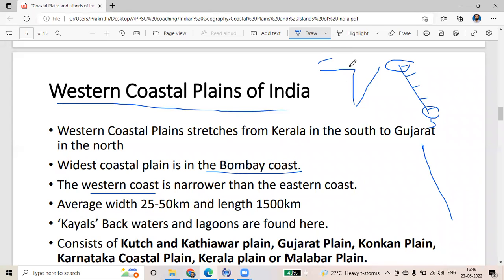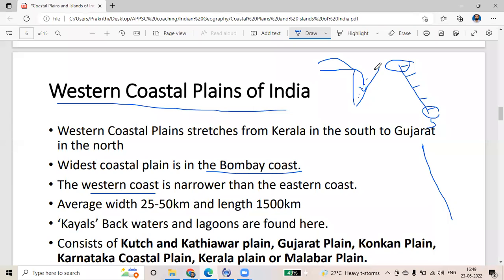Here also we have the deposition from many rivers. West flowing rivers, when we studied, we mentioned Narmada, Tapti, we have Netravati there, we have Periyar there, we have multiple west flowing rivers also. But they are of short length. So they also contribute to the deposition.